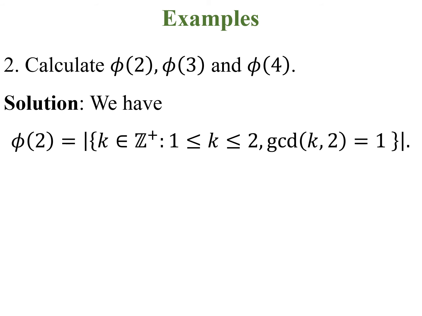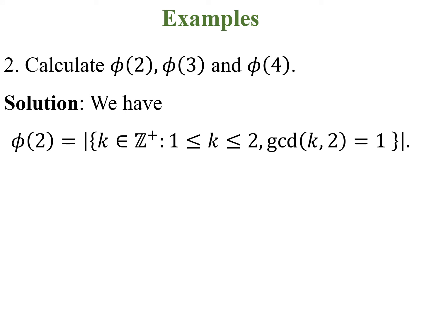Now, the only positive integers which are greater equal 1 and less equal 2 are 1 and 2 itself. And the GCD of 1 with 2 is 1. But GCD of 2 with 2 is 2, not equal to 1. Means the only positive integer satisfying this condition is k equal to 1.